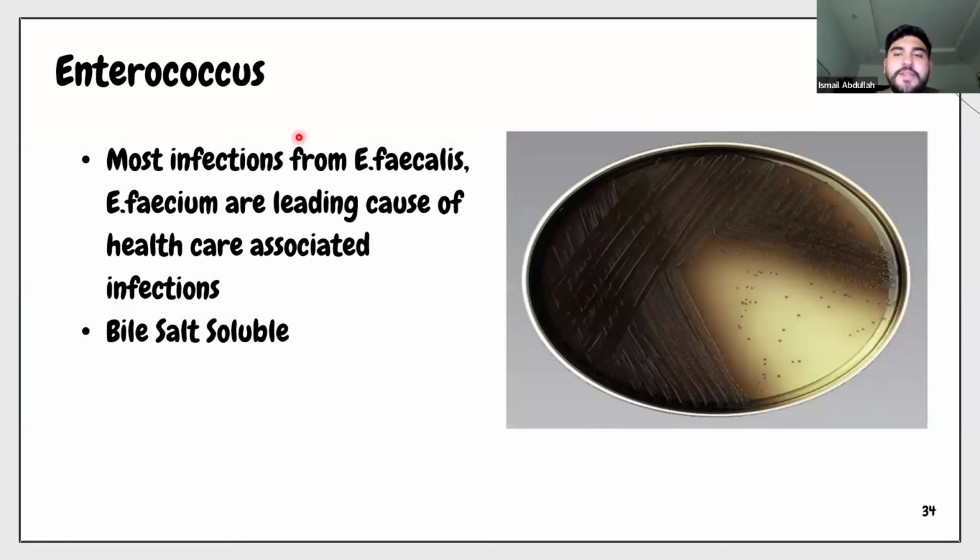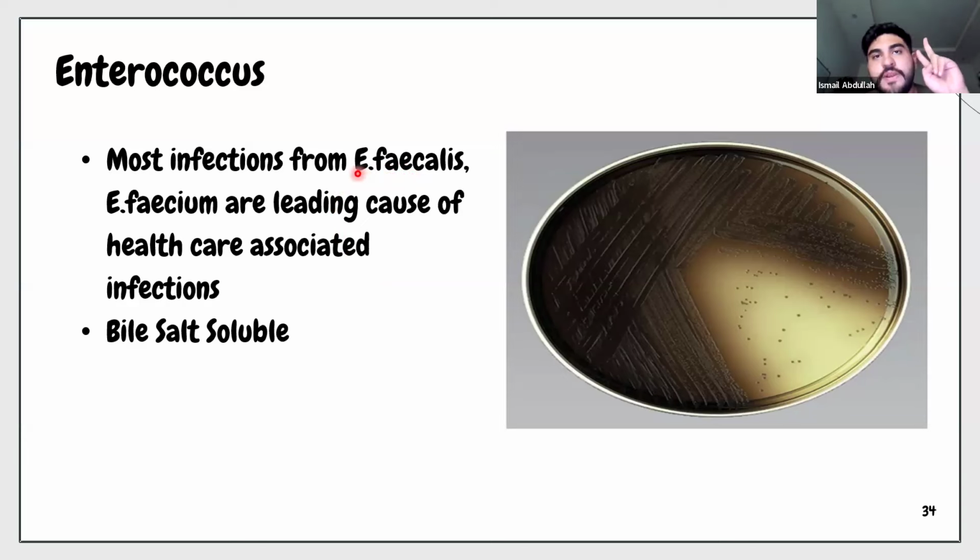So lastly, by the way, this is the Shigella Salmonella agar, these black colonies, as you can see. Enterococcus, I've never seen a single question on this, but just know that Enterococcus come from your intestines.